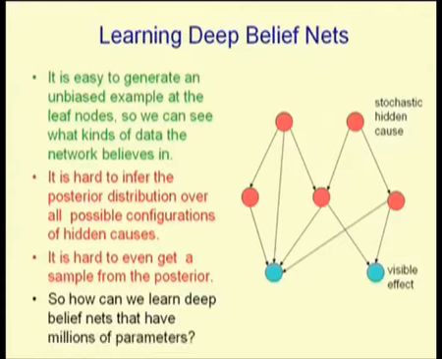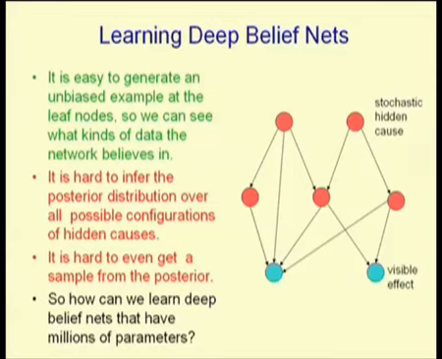So now when we try and learn one of these nets, one thing that is easy to do is this: if I tell you the parameters, the weights on all these connections, and I ask you to show me the kinds of things the network believes in, the kinds of examples it wants to generate, well, the parameters are going to include biases for the top level units. So using the biases of the top level units, I decide whether they should be on or off.